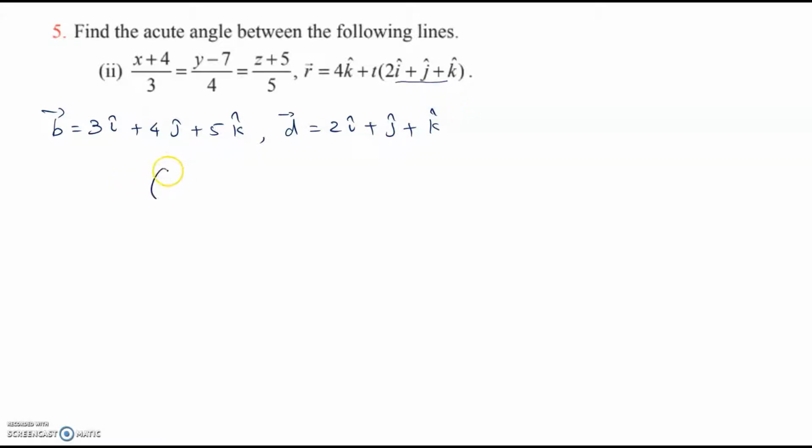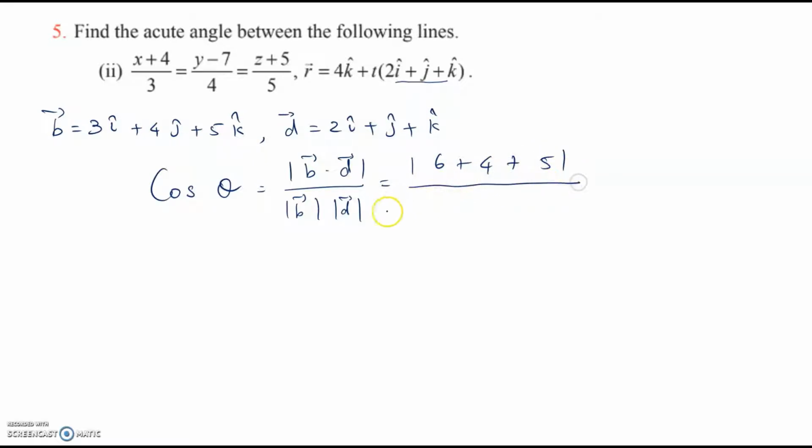So using the same method, our cos theta will be equal to the magnitude of B dot product with D divided by magnitude of vector B into magnitude of vector D. That is equal to, so we have 3 times 2, which is 6 plus 4 plus 5 divided by root of 3 squared plus 4 squared plus 5 squared into square root of 2 squared plus 1 squared plus 1 squared.